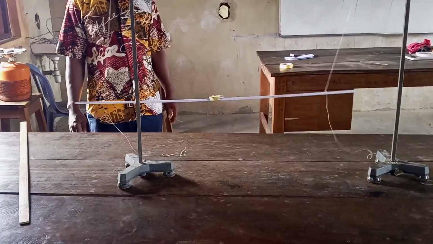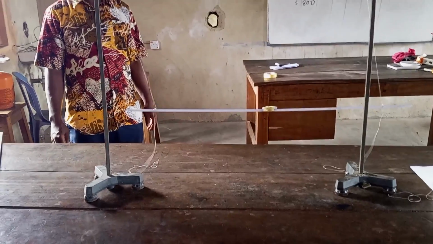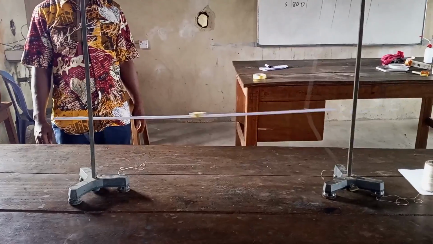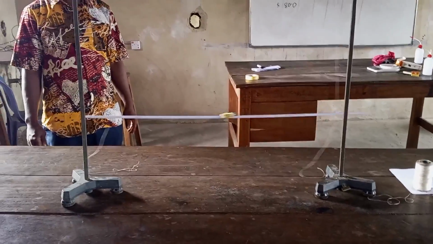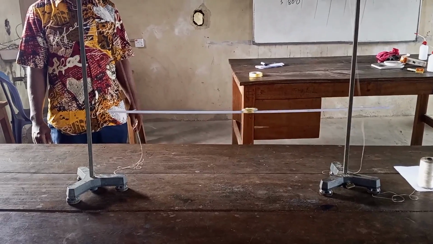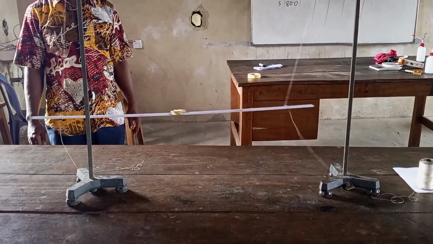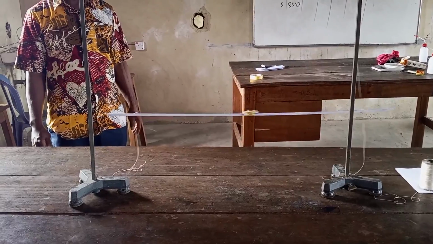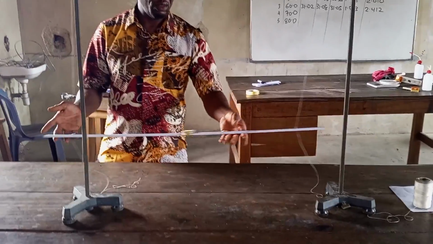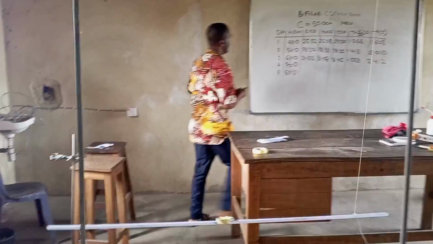1, 2, 3, 4, 5, 6, 7, 8, 9, 10, 11, 12, 13, 14, 15, 16, 17, 18, 19, 20. What do you have? 33.50.